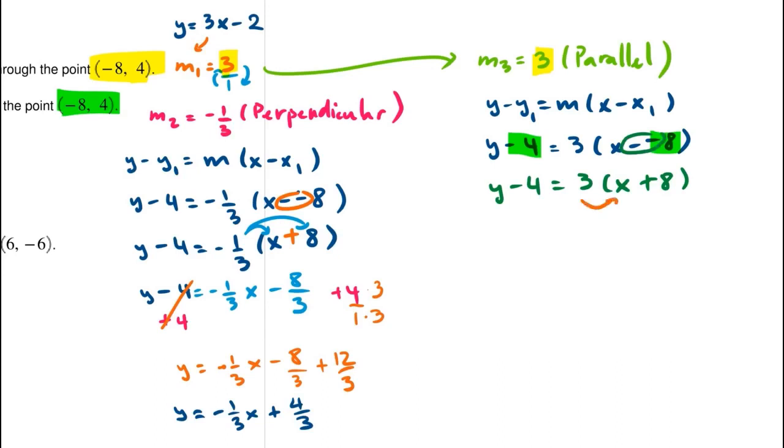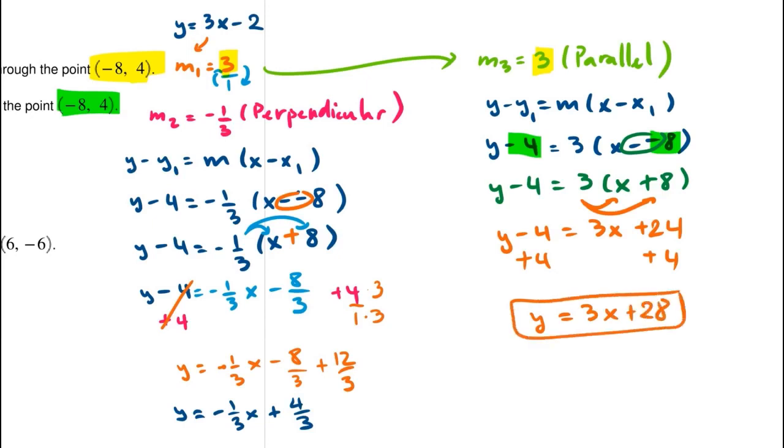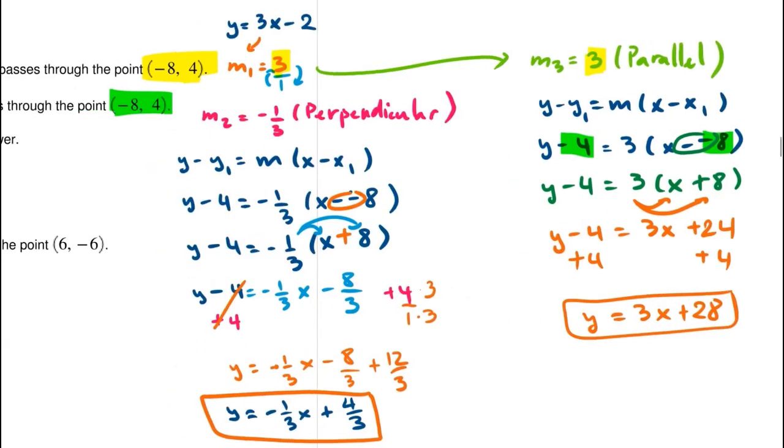Then we distribute 3 into the parentheses. y minus 4 equals 3x plus 24. Then we add 4 on both sides. y equals 3x plus 28. Okay, so this is the answer for part A, and this is the answer for part B. That's it for number 11.